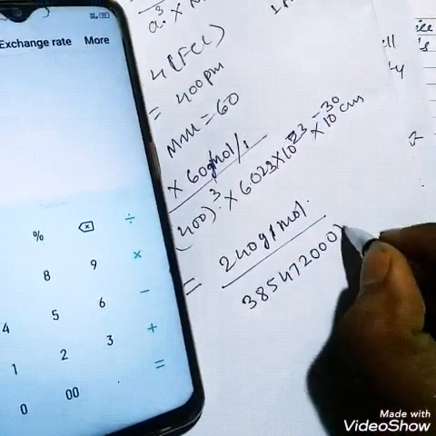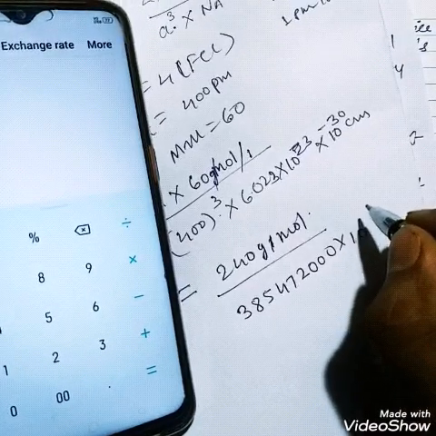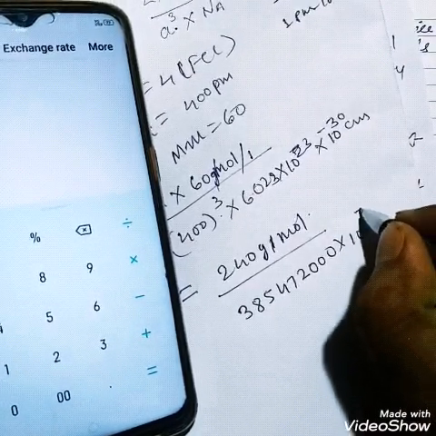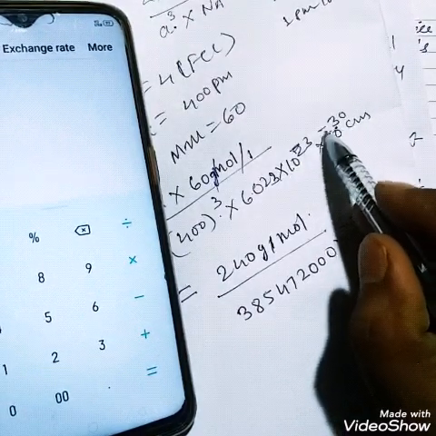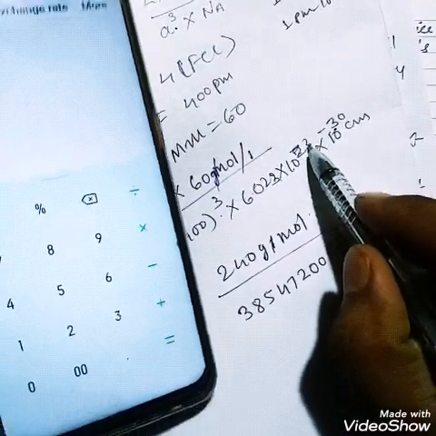Now see, students, now I am dividing here. You mention here 10 to the power minus 7, because minus 30 is added to plus 23.